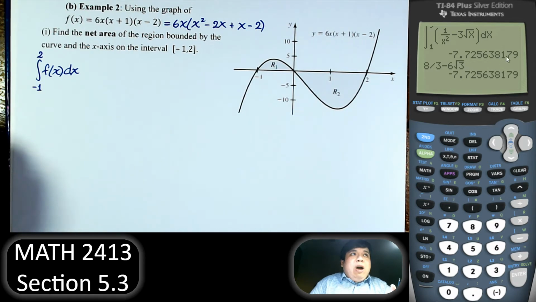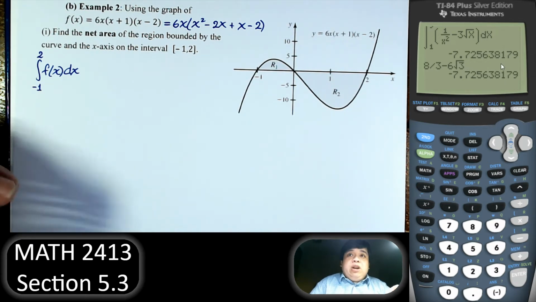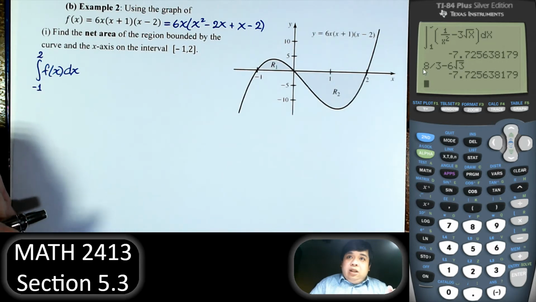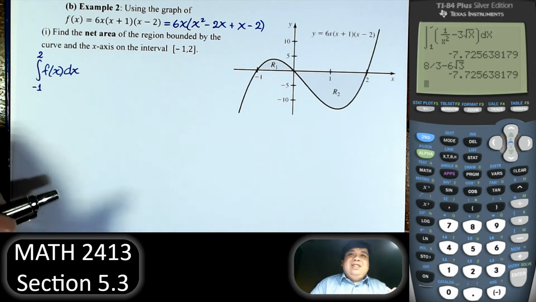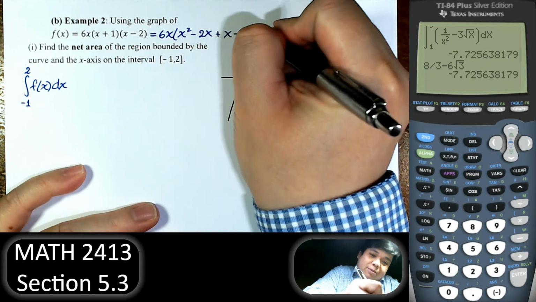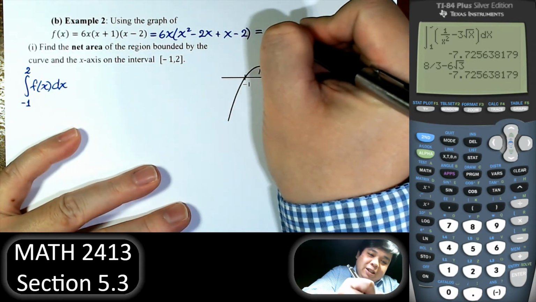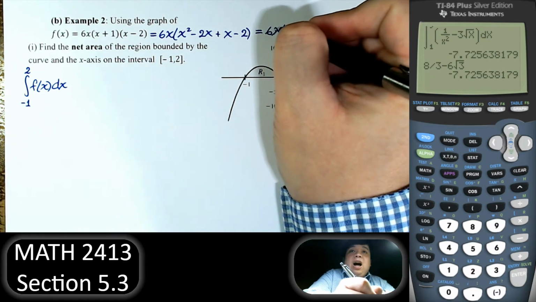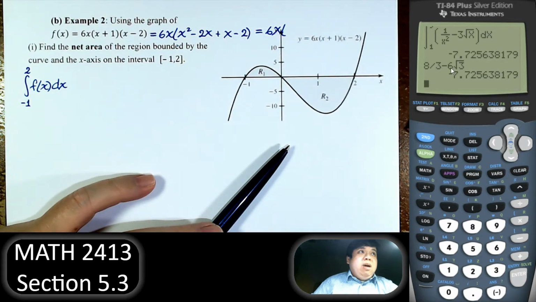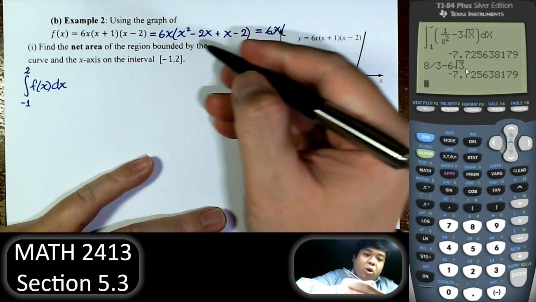If there is some decimal rounding off, that's still fine because the calculator does have some error, but the calculator will not give us the answer like this in this form. Yeah, so we have to get this answer by hand. If your calculator can give you this answer, you cannot use that calculator on the test. Right. Anyway, so yeah, that's the only reason this calculator is allowed on the test. Because if your calculator can give you the 8 over 3 minus 6 times square root of 3, what is the point of learning all of this?